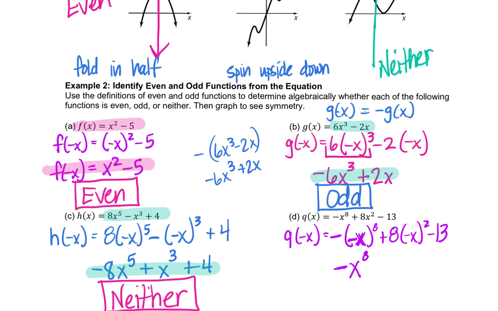This negative canceled out. Plus 8x squared minus 13. So look at what you have. We started with negative, positive, negative. We ended with negative, positive, negative. So this one is even.